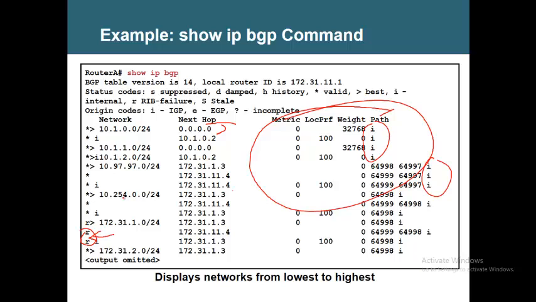Tell me, when will the routing table reject a routing protocol's recommendation?